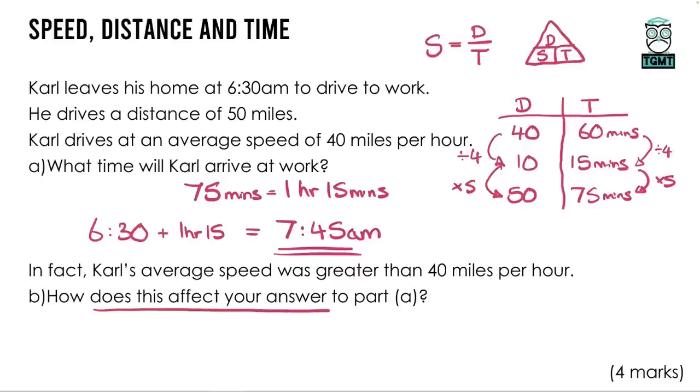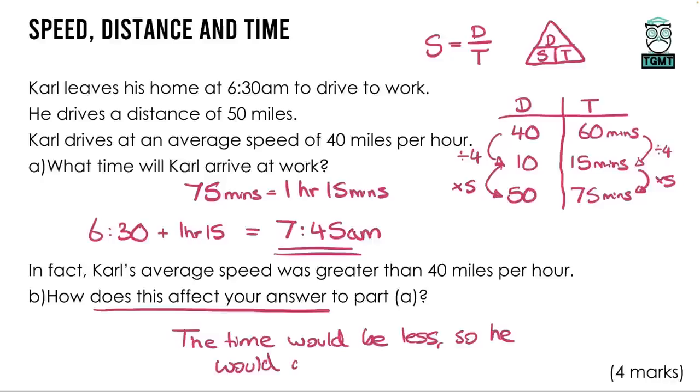So I don't just want to say Carl will go faster, so he'll get there quicker. I want to specifically refer to my answer. So the time would be less, something along these lines. So he would arrive earlier. There we go. And that's specifically referring to the actual time there being earlier than 7:45.